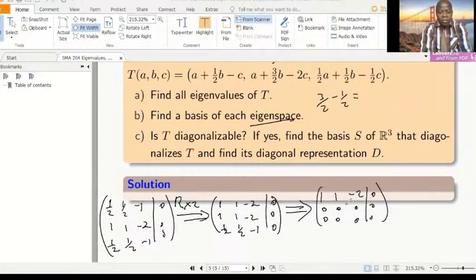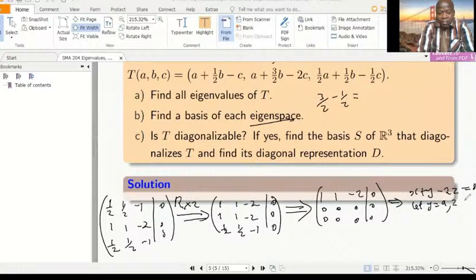So what we have is x plus y minus 2z is 0. From here we see that y is a free variable and z is also a free variable, but x is a leading variable. So let y be a and z be b. Then x will be negative y plus 2z, but y is a, so that is negative a.